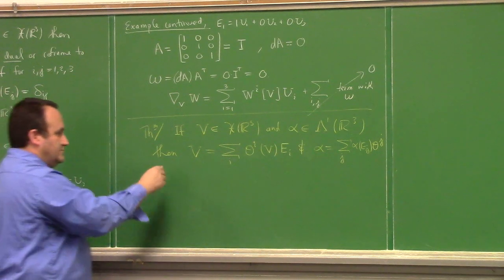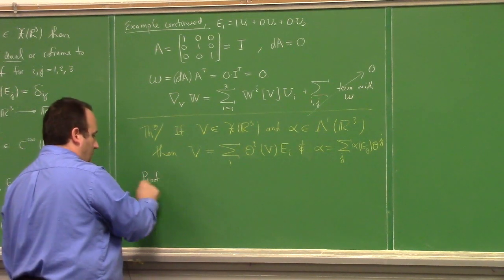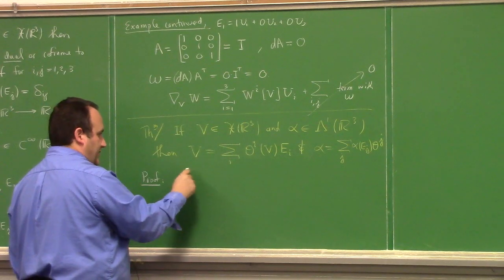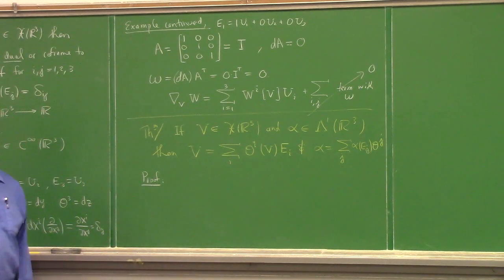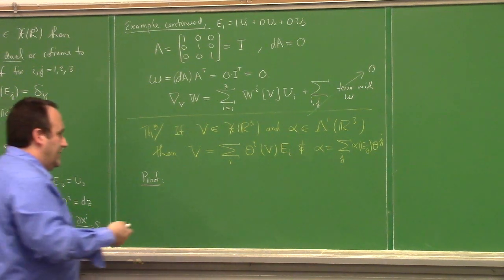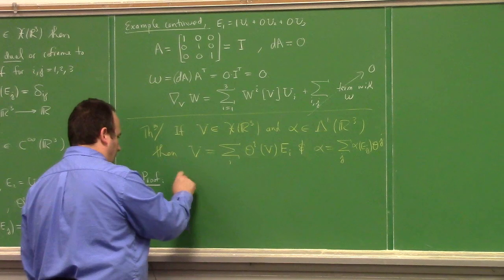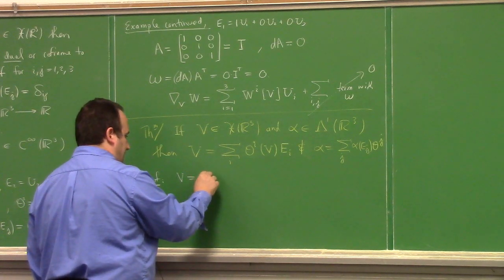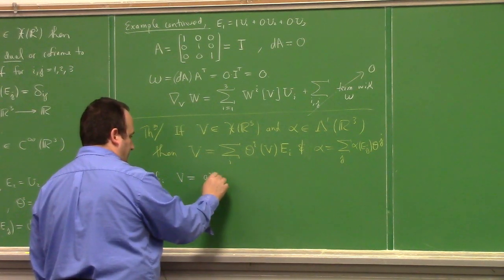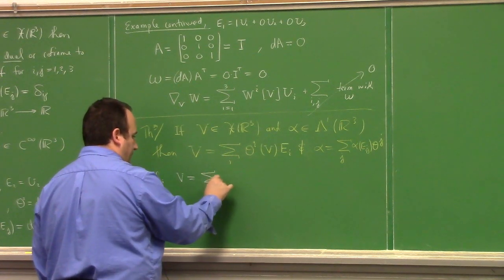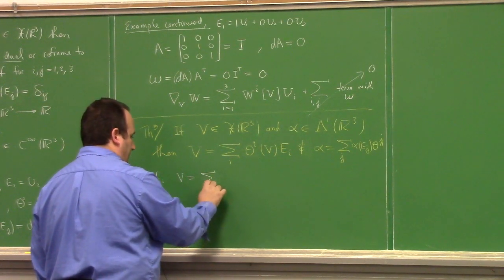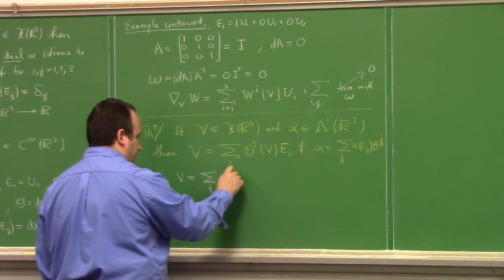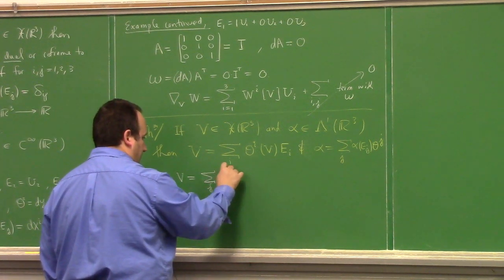So the proof here. First of all, v is a vector, and if e1, e2, e3 is a frame, and I'm assuming they're a frame throughout this lecture, so I won't keep stating it, then we can write v as the sum over j of a upper j e_j.